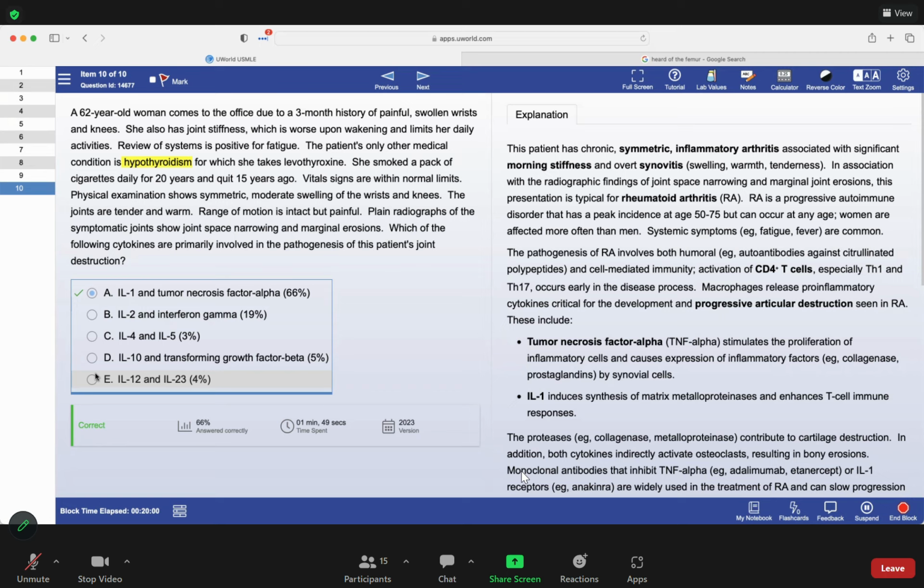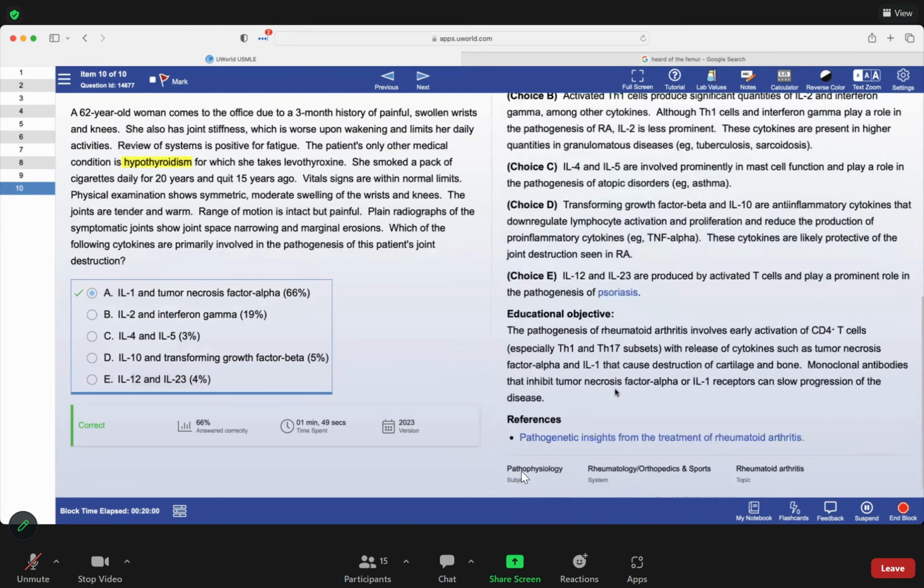Dr. Roy, if the question were to ask something along the lines of what would essentially inhibit the pathogenesis, because I know there's a similar question in ulcerative colitis or Crohn's, would it be the letter D? Because interleukin-10 and TGF-beta, they're anti-inflammatories. Naturally, in RA, sometimes it's more active, sometimes it's less active.